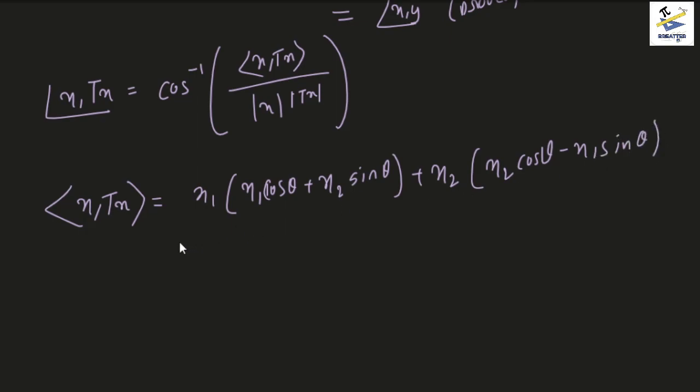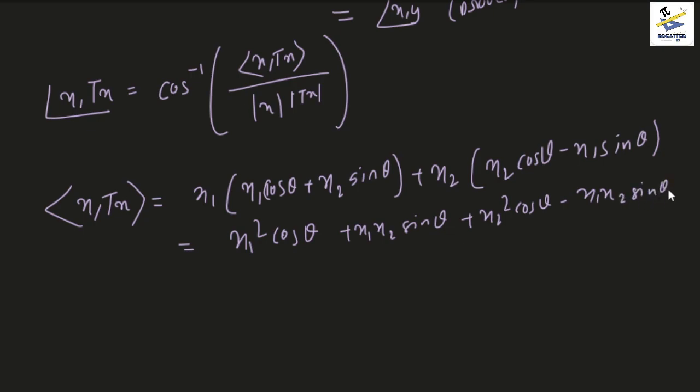So it's x1 square cos theta plus x1 x2 sin theta plus x2 square cos theta minus x1 x2 sin theta, and this would give us x1 square plus x2 square, times cos theta, right?